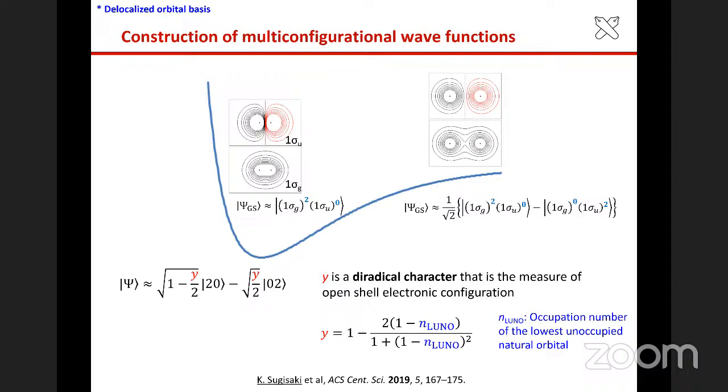So it means that we have y equal to 1. In this case, 1 minus 1 over 2 is just 1 over 2 and 1 over 2. Somewhere in between, we have some y between 0 and 1, which can be used as a measure of the diradical character. And this is directly related to the occupation number, so we can calculate the diradical character from the occupation number.